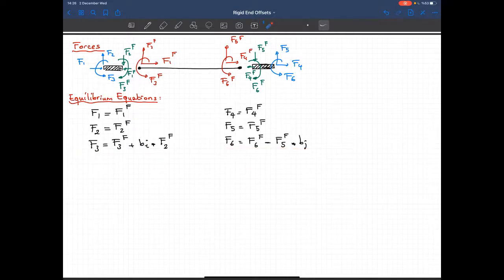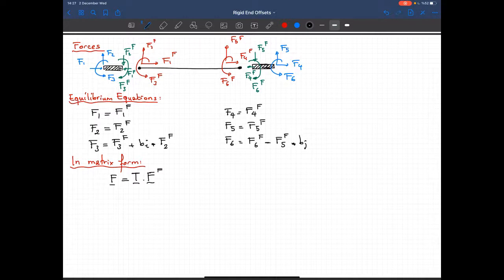Now I will show everything in matrix form. The relationship between F and FF will be the transformation matrix, right?